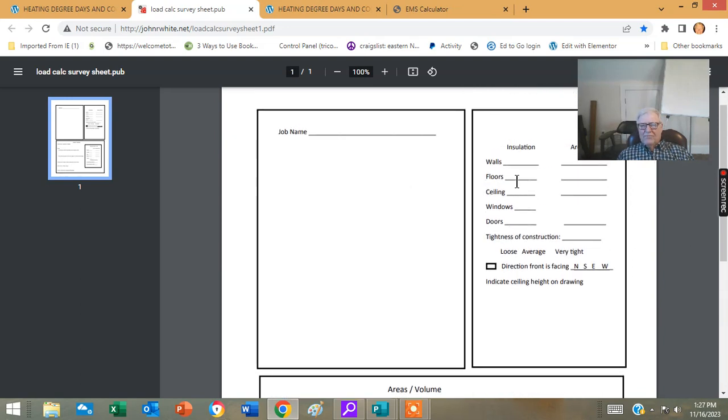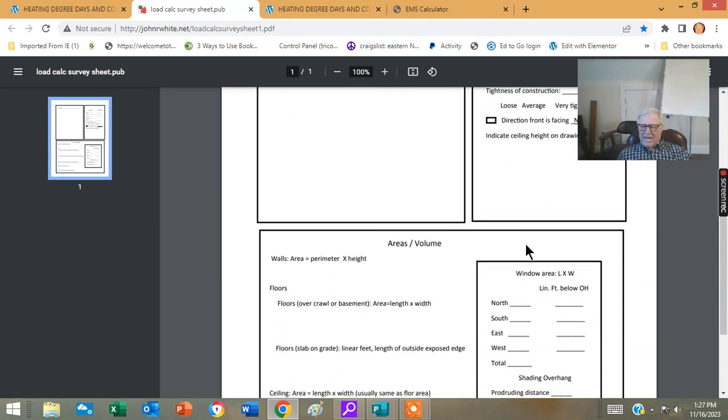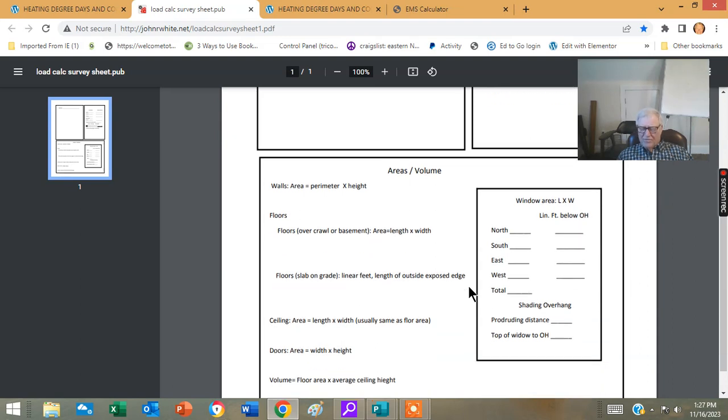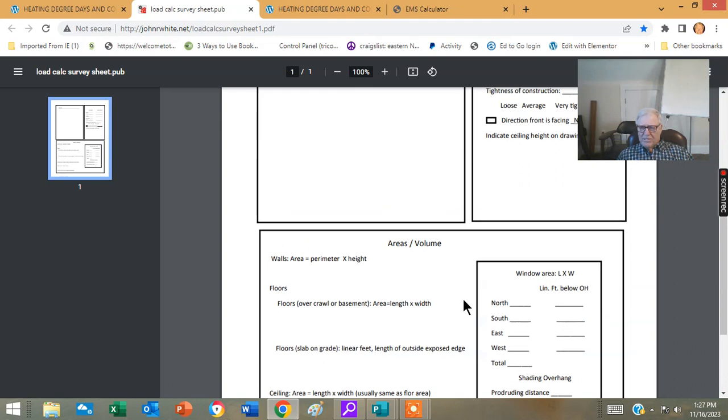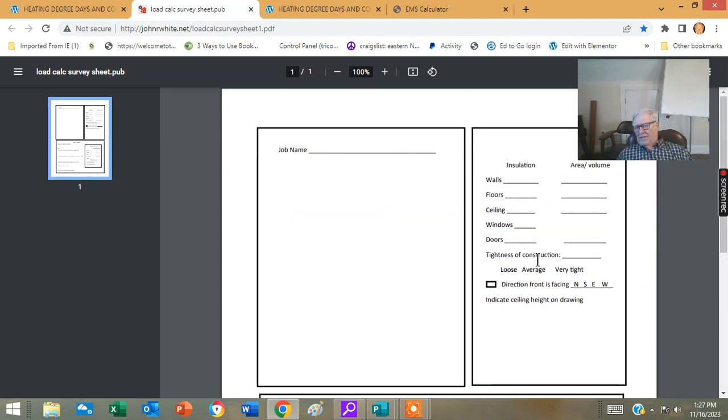You can draw your picture here, and over here is the information it's going to be asking you. This is what you've got to collect to bring back to the office if you want to sit there and do a load calculation. All your information is on this sheet. You can even use this sheet if it was Right-Suite or somebody else's software.